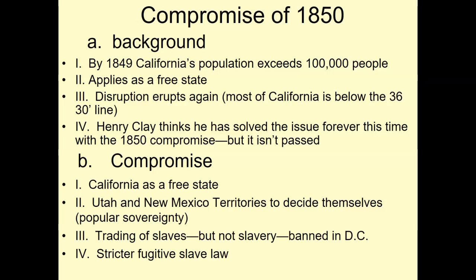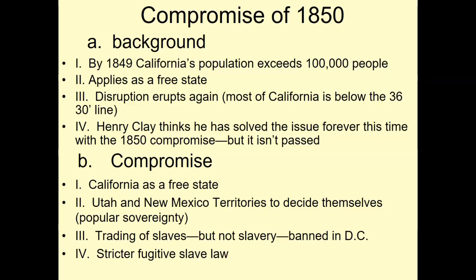And so to appease the South, Clay proposes a stricter fugitive slave law, recognizing the South's complaints. Clay proposes a very strict and very enforceable fugitive slave law.